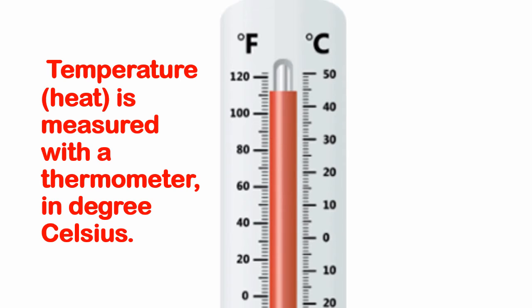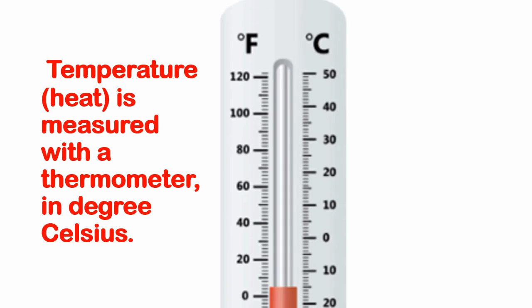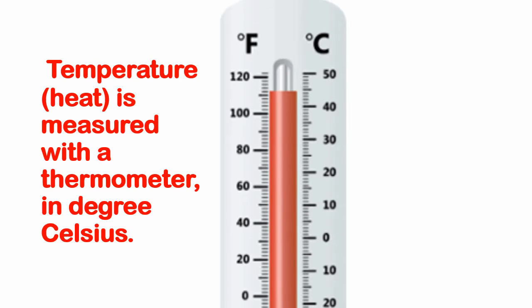When air around the tube heats the liquid, it expands, as you can see in this picture. The liquid expands and moves up the tube. A scale then shows what the actual temperature is. A thermometer measures the air temperature.